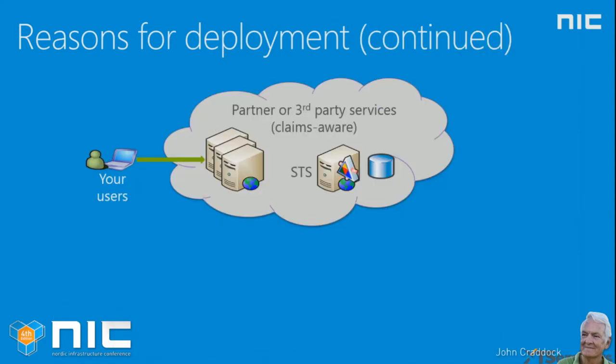So here's another one. We're published up in the cloud, but this time it's third-party services. They've got their own STS, and we want our users to authenticate against that. So this time, the cloud security token service is trusting the on-premises security token service.